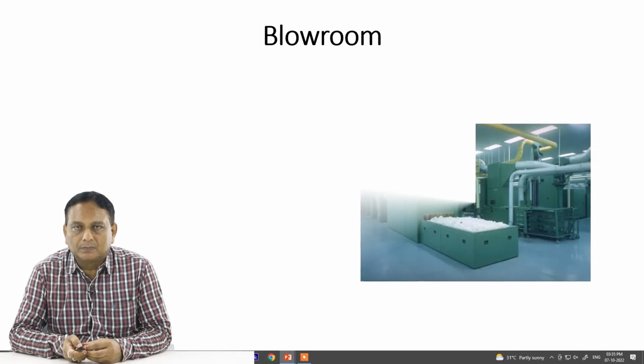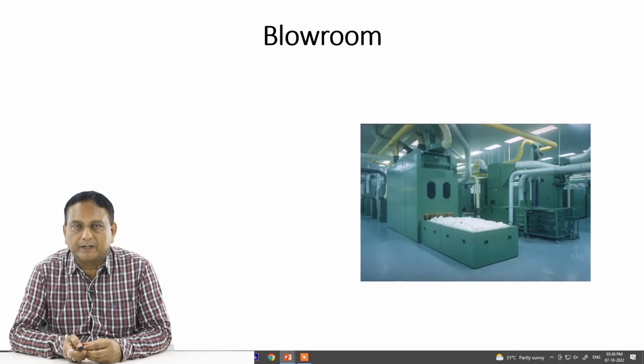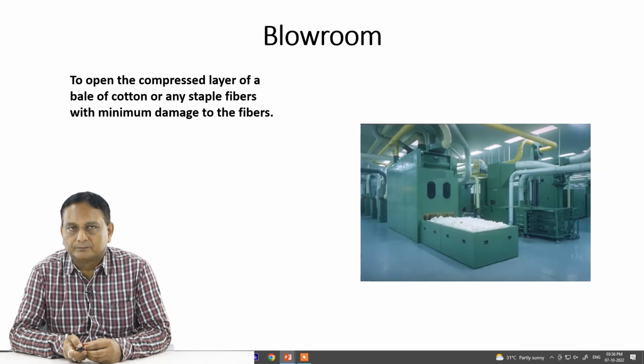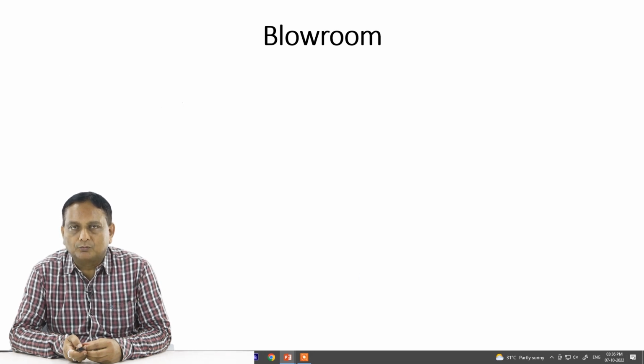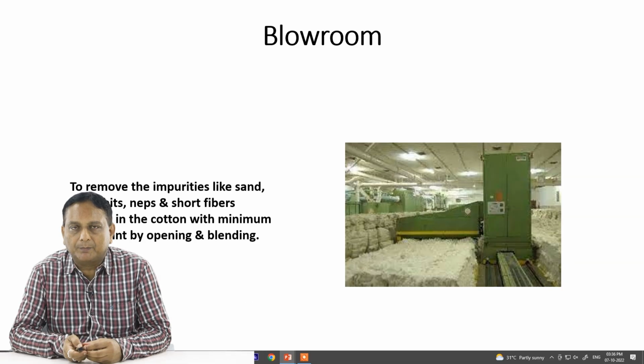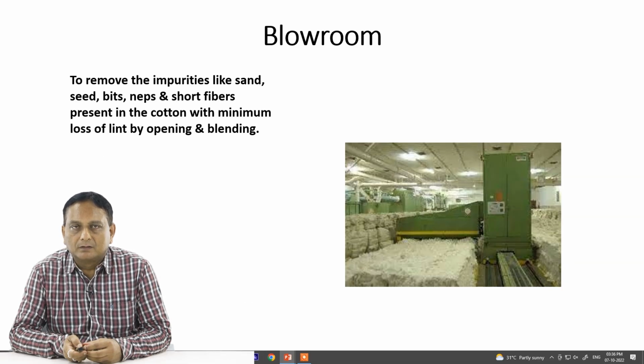Next comes the blow room. What are the different conditions of the blow room, how does it operate? Now the main objective is to open the compressed layers of a bale of cotton or any staple fibers with minimum damage to the fibers. So this is the basic objective of the blow room. And as we can see, different bales are being processed.